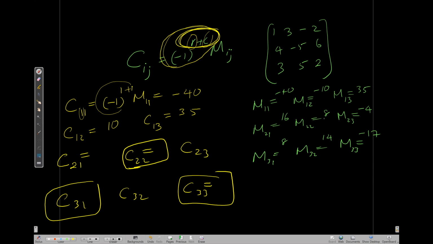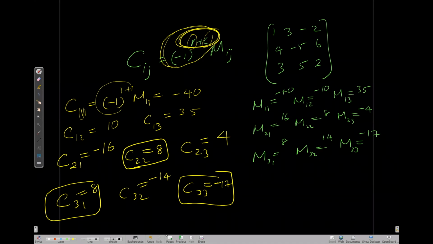So C22 is M22, 8, C31 is M31, 8, C33 is M33, negative 17. The remaining ones have the same value with reversed sign. So M21 is 16, so this is negative 16. C23, M23 is negative 4, so it's 4. C32, M32 is 14, so this is negative 14. And we are done, right? Okay, I think you understand that well.